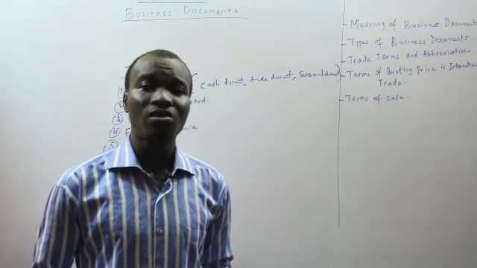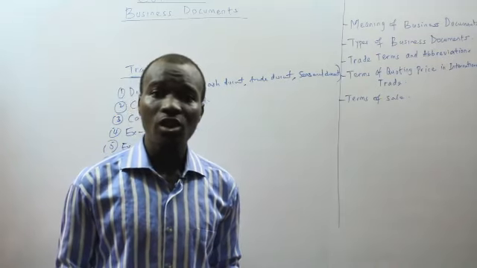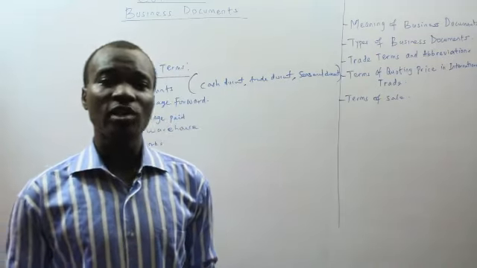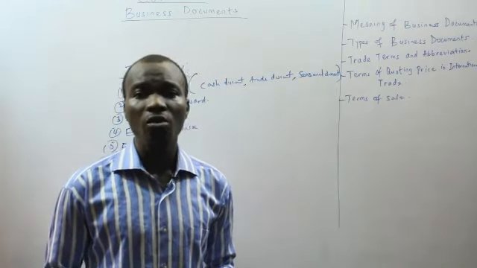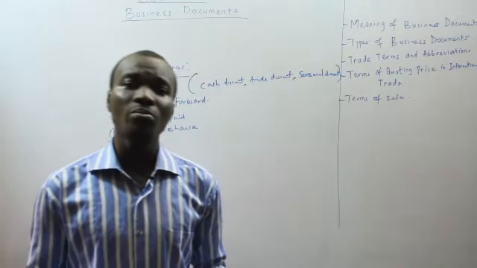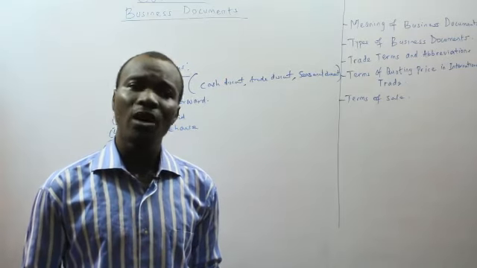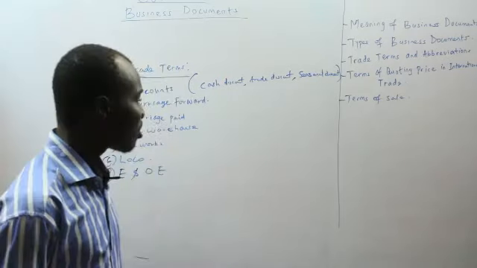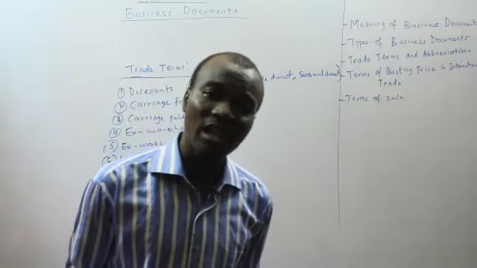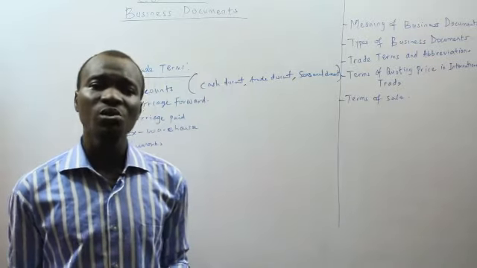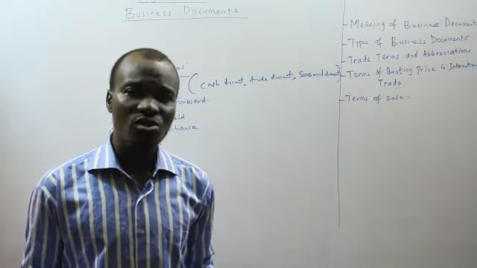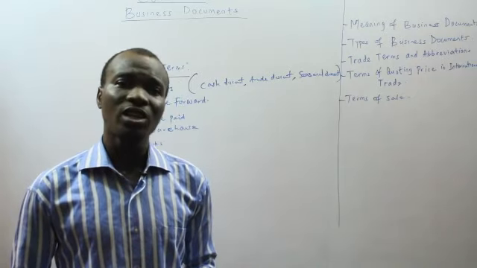The cost of transporting the goods from the warehouse of the seller will be borne by the buyer. So once the goods are taken from the warehouse of the seller, the person responsible for the payment of the delivery of the goods will be the buyer.